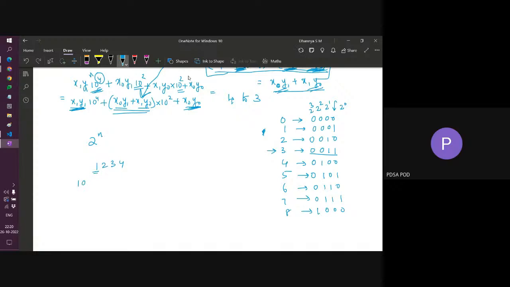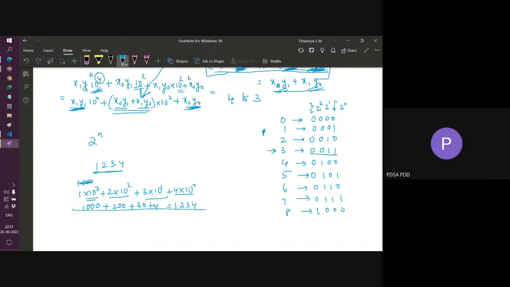This is 1 into 10 power 3 plus 2 into 10 power 2 plus 3 into 10 power 1 plus 4 into 10 power 0. This is 1000 plus 200 plus 30 plus 4. That is what is giving you 1234, right?